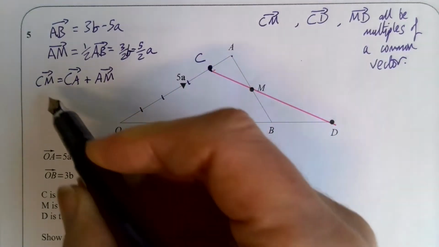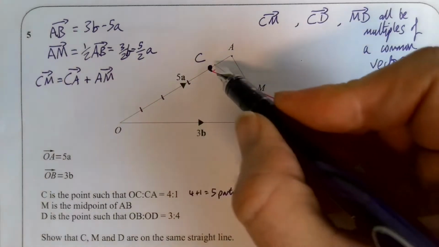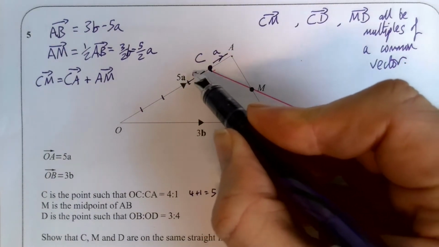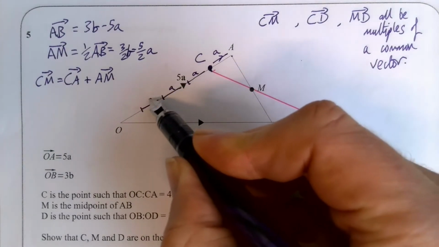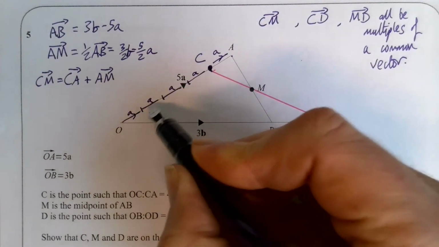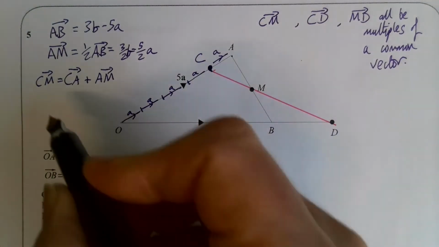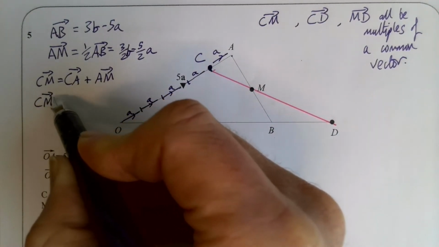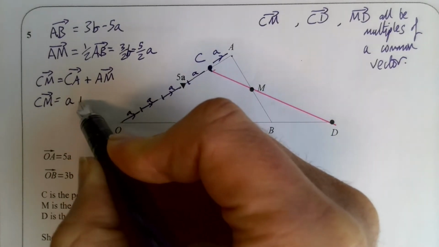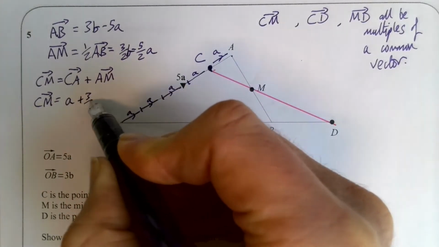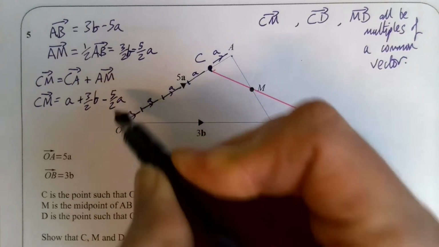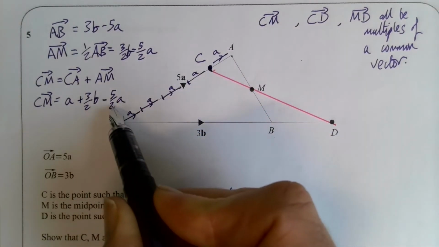So if that's true, CA must just be 1A, because that's 1A, that's 1A, all the way along there. So we can say that CM is going to be A plus 3 over 2B take 5 over 2A, and then we just need to simplify that.